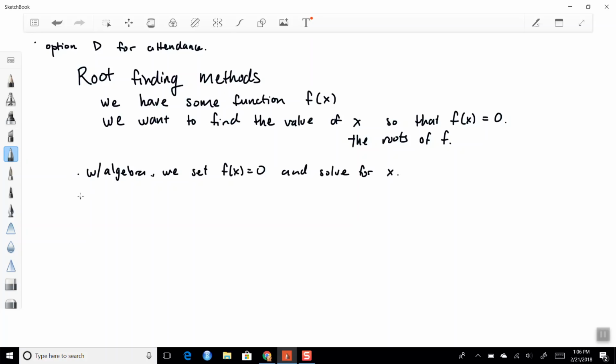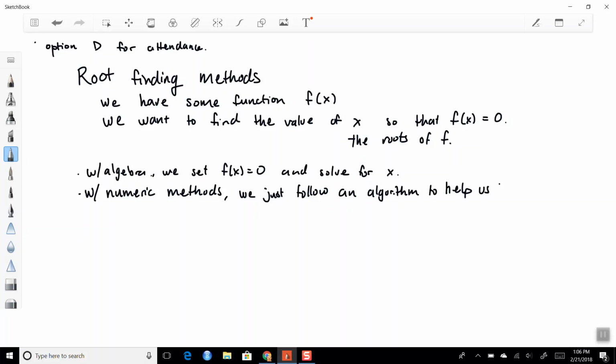With numeric methods, we don't do algebra; we just follow some rules, follow an algorithm to help us find x.